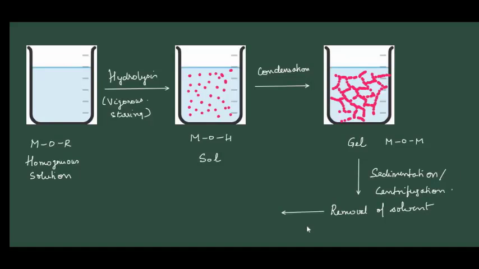After removal of the solvent, it is dried. Drying leads to shrinkage and densification. Densification is the process of increasing the density. It can be subjected to further thermal treatment, which can lead to further polycondensation and enhancement of mechanical properties and structural stability.